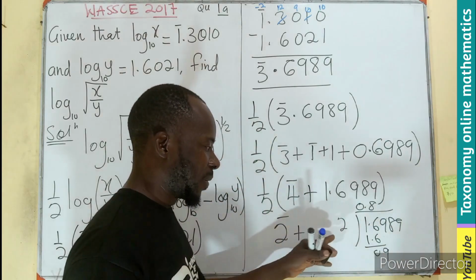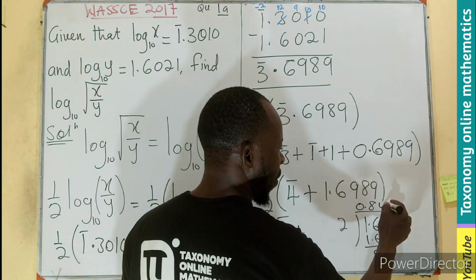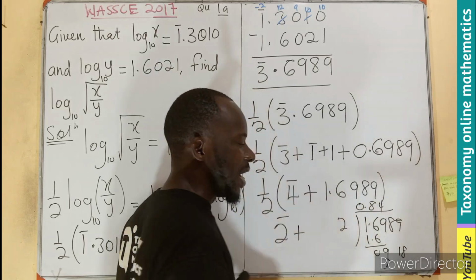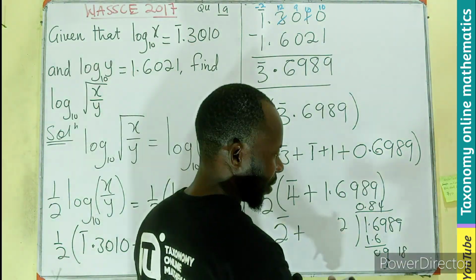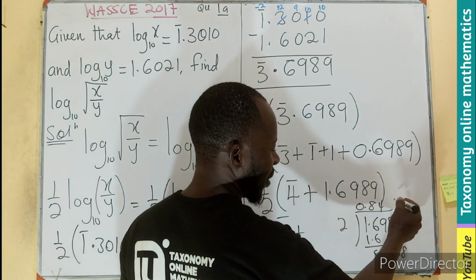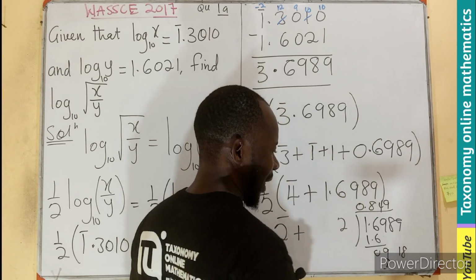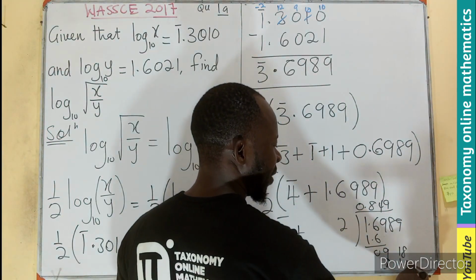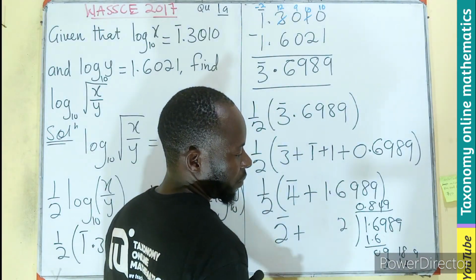Bring down 9. 9 divided by 2 will be 4. 4 times 2 will be 8, minus 9, you'll be having 1, then 18. So 18 divided by this will be, I think that will be 6, right? No, 9. Then 9 times this will still give us 18. So we have 9.